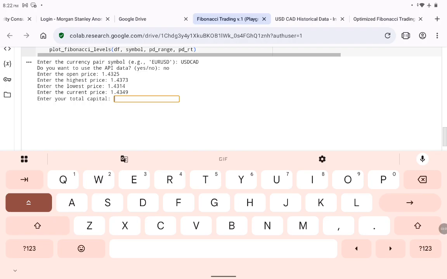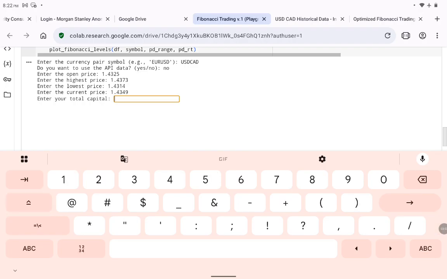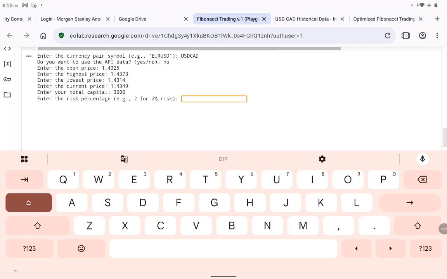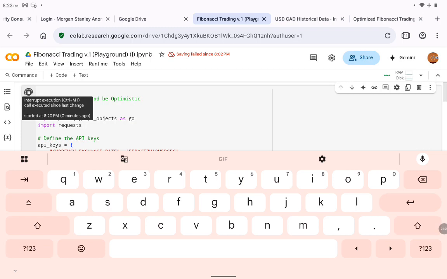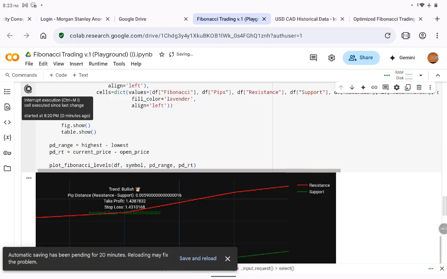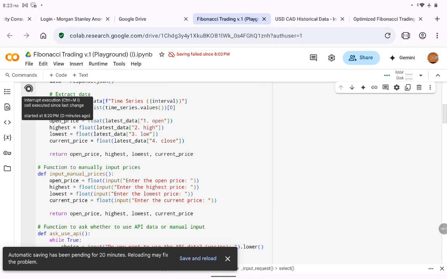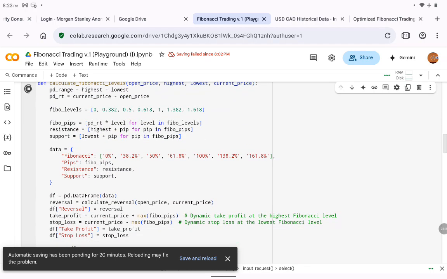Initial capital, let's say we use 3,000 to trade. So enter, and I'm risking only 2% of that capital. Now it's going to do the calculations, and this is what the outcome is.